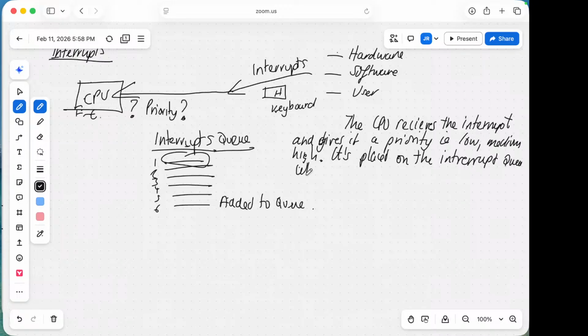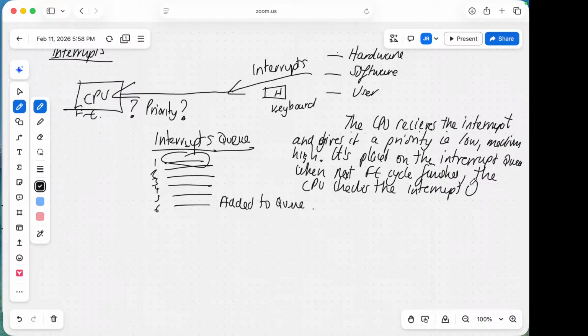So when the next fetch execute cycle finishes, the CPU checks the interrupt queue and may run the interrupt. Realistically, they get dealt with very quickly because it's doing millions of cycles per second.